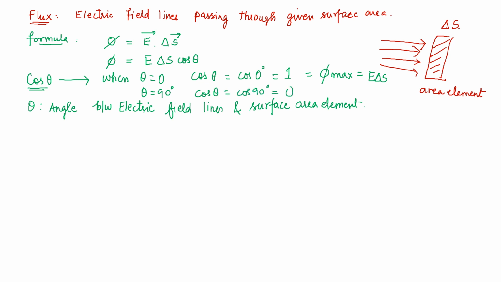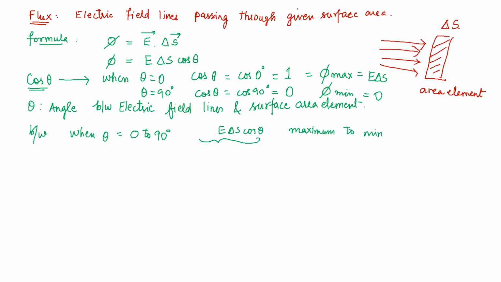That will give us a value of 0 and flux will be minimum, that is xi minimum is 0. But when theta is between 0 to 90 degrees, the flux E del S cos theta ranges from maximum value to minimum value.